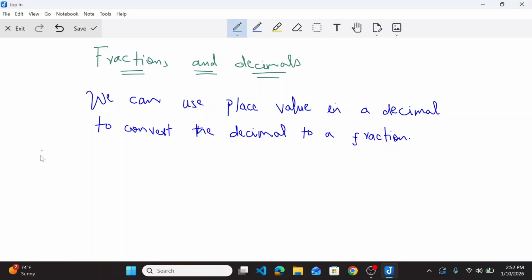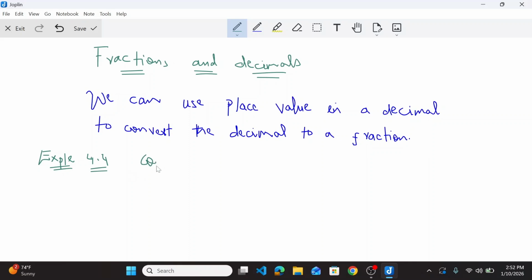Example number 4.4. Basically, it's chapter 4, example 4.4.